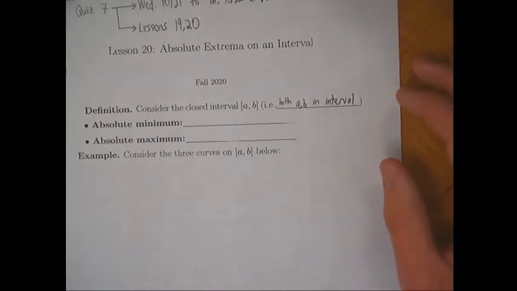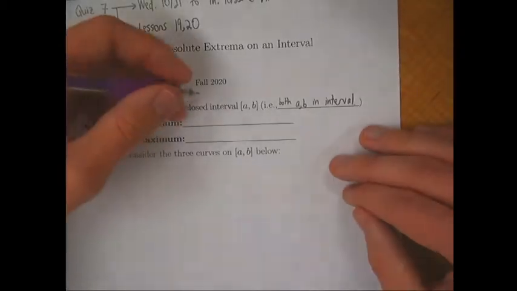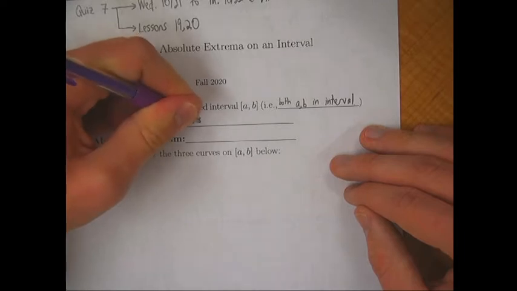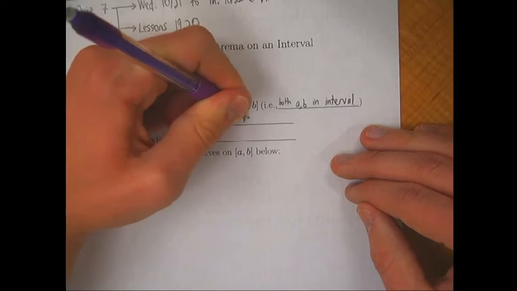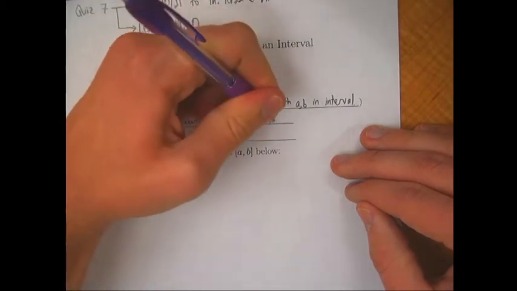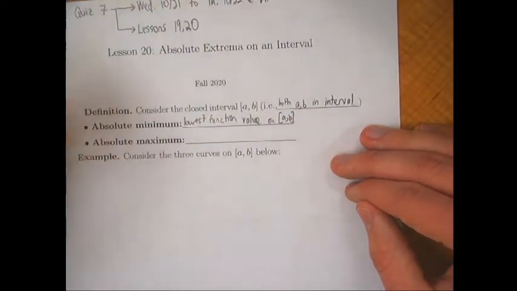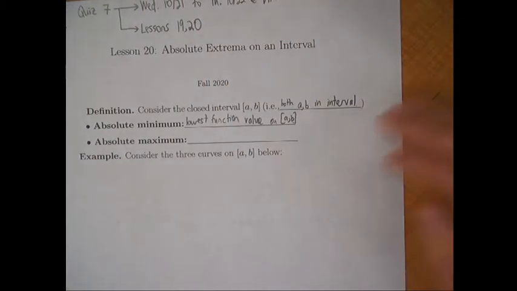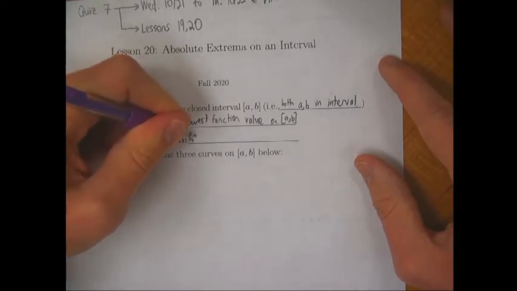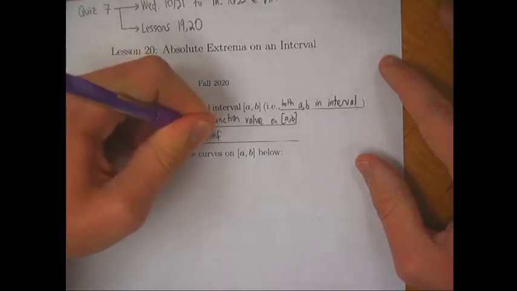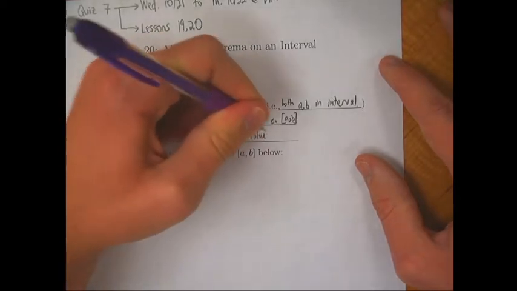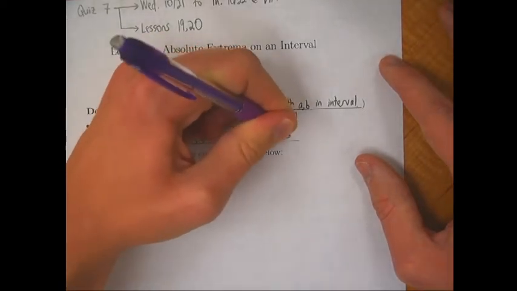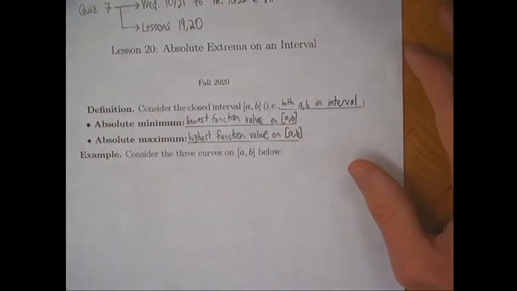So the absolute minimum is basically the lowest function value on the interval a comma b. And as you might have guessed, the absolute maximum corresponds to the highest function value on a comma b.